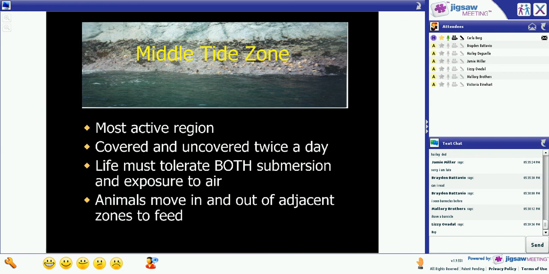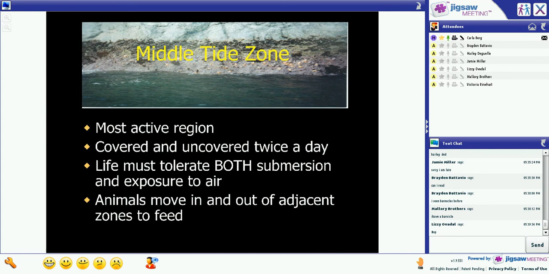All right, now let's look at the middle tidal zone. The middle tidal zone is the most active region of our tidal zones. They're covered and uncovered by water twice a day. Life here must tolerate both submersion, which means being covered by water, and being exposed to the air.